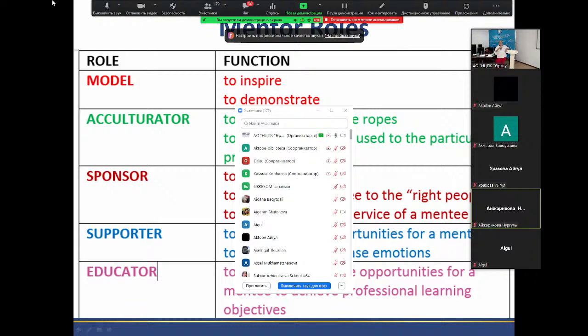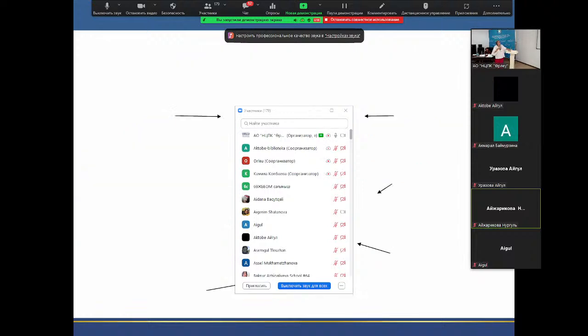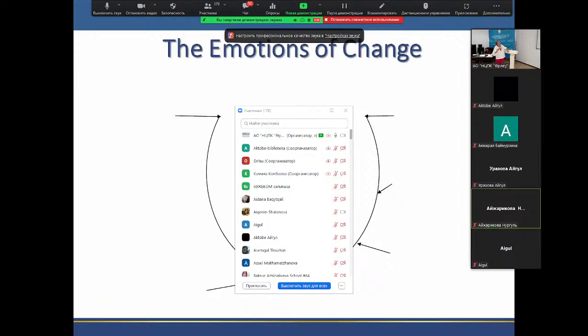So lots of things maybe talked about it, but when speaking about the next slide, please, if it is possible. So when we speak about challenges that novices meet at the period of adaptation, we need to think about the emotions of change.